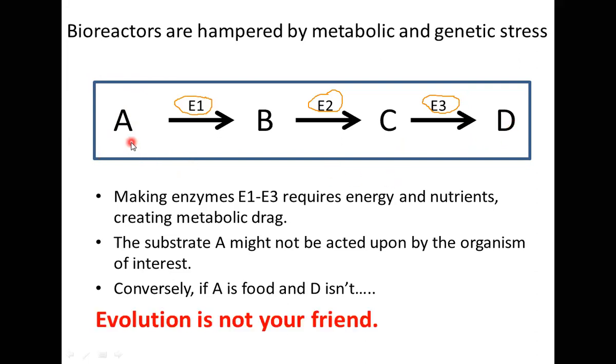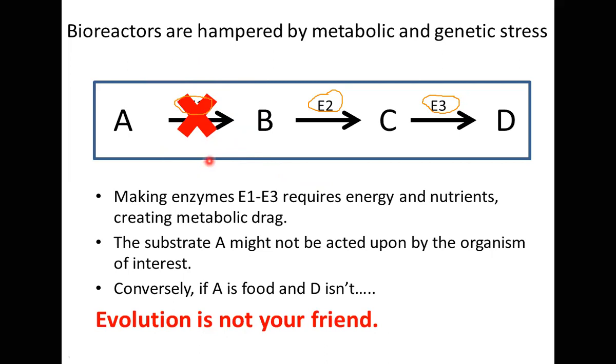Basically, you're asking a bacterium to starve itself, and that means that evolution is not your friend. What do I mean by that? The cell that mutates away this particular part of the circuit, that figures out a way to short circuit this process, or I shouldn't say figures out a way.